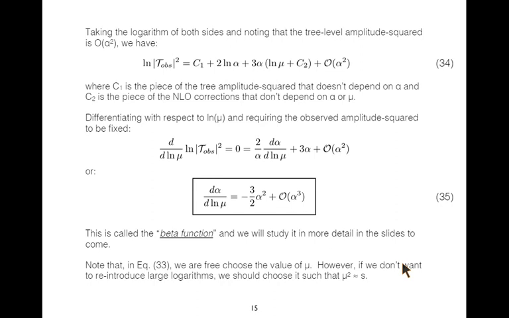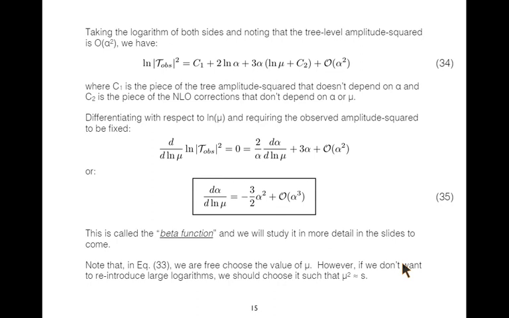One of the things we discovered was that if we want observables to be independent of the renormalization scale that we introduced, it means that our couplings and our masses and any other parameters are going to have to depend on the scale mu, right? And they have to depend on it in such a way that they cancel each other out, so your observable is independent of the scale mu, right?